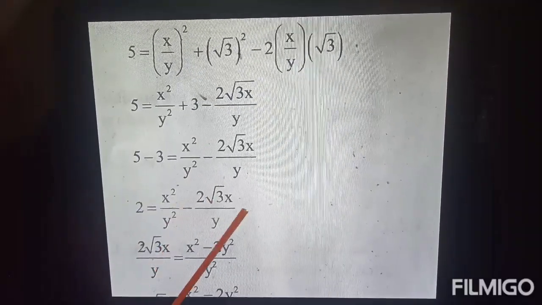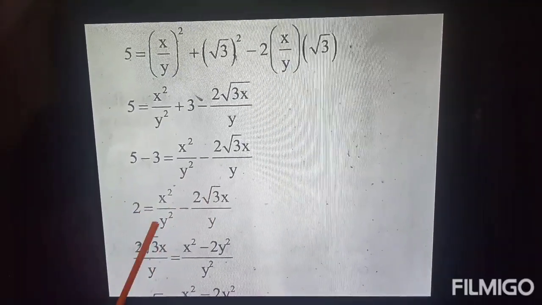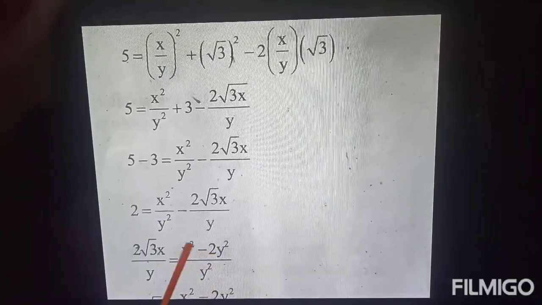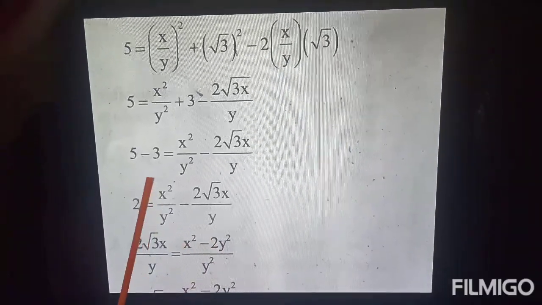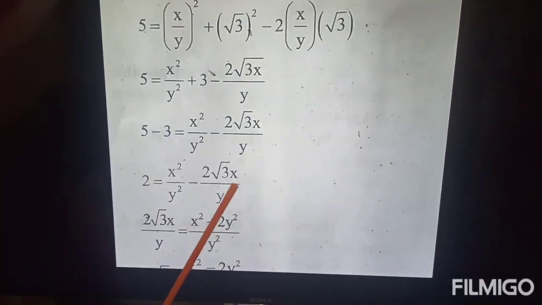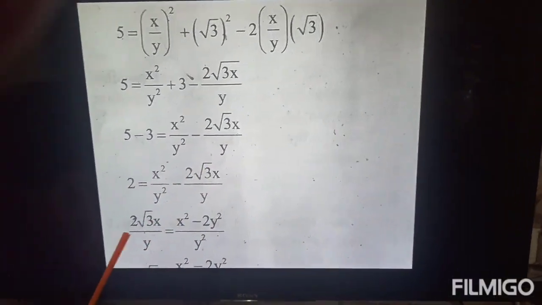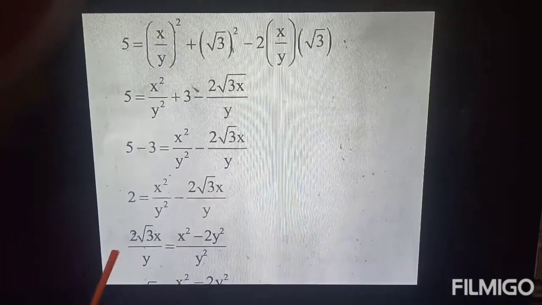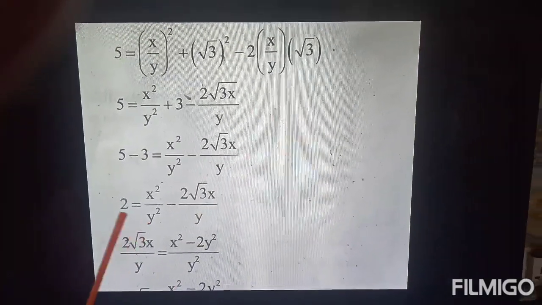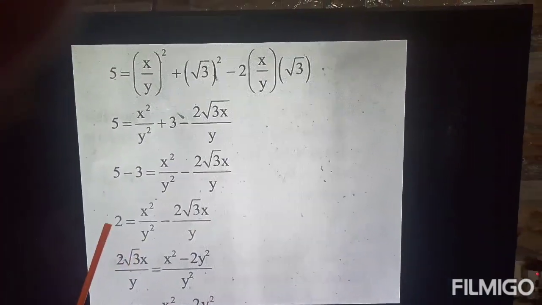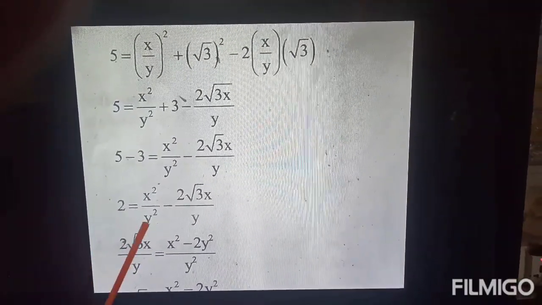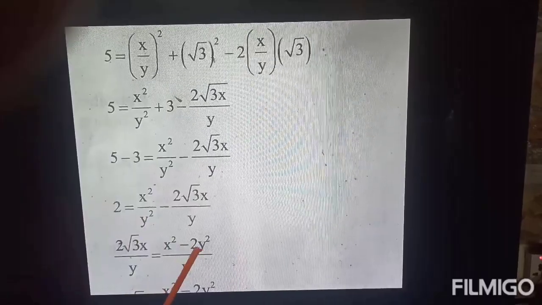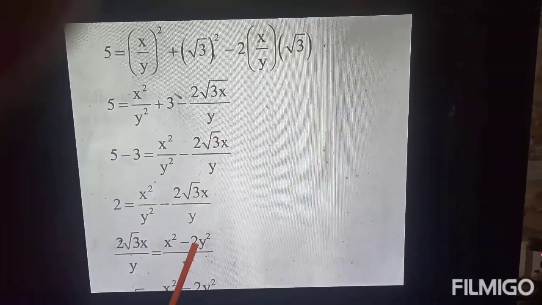Again, take this to the left side, and this 2y square to the right side, it becomes x square minus 2y square. x square will be on the right side only. This whole part I take to the left side, this minus becomes plus, then take this 2y square here, then these two multiply 2y square, again 2y square, take to the right side, it becomes minus.